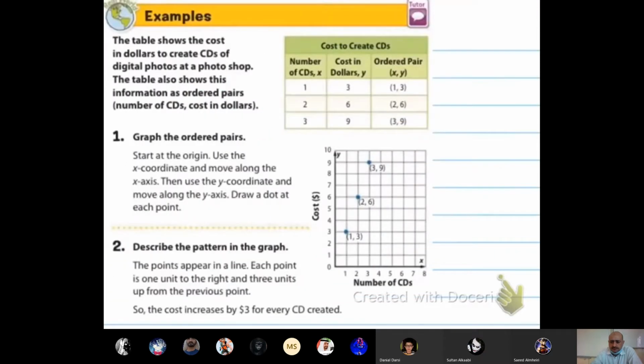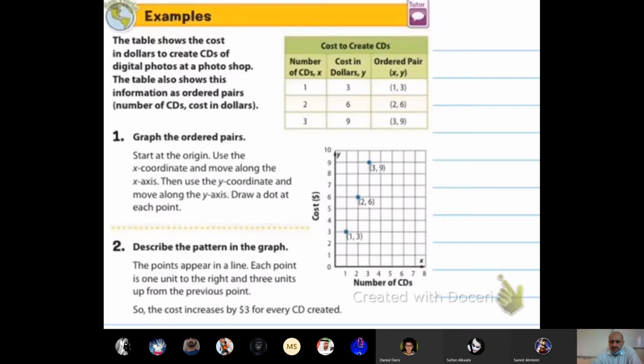So for our first example here, and as far as writing this down, just follow along, and then we're going to go over another example that I'll actually have you draw. So just follow along with what we're doing on this page. It says the table shows the cost in dollars to create CDs of digital photos at a photo shop. The table also shows this information as ordered pairs, the number of CDs, comma, the cost in dollars.